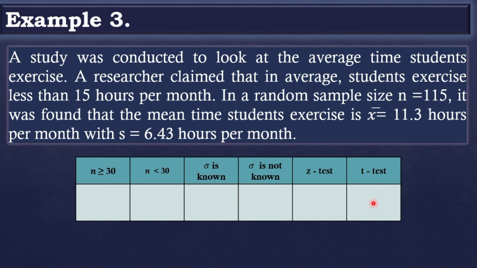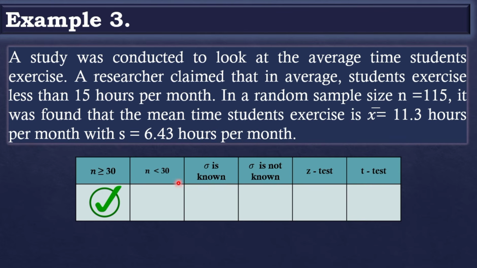So, in example number 3 class, what will be the sample size? So, yung sample size natin is 115. Okay? So, ibig sabihin greater than or equal to 30. Napakalaki nung sample size natin, no? Sobrang laki. So, extremely large yan.